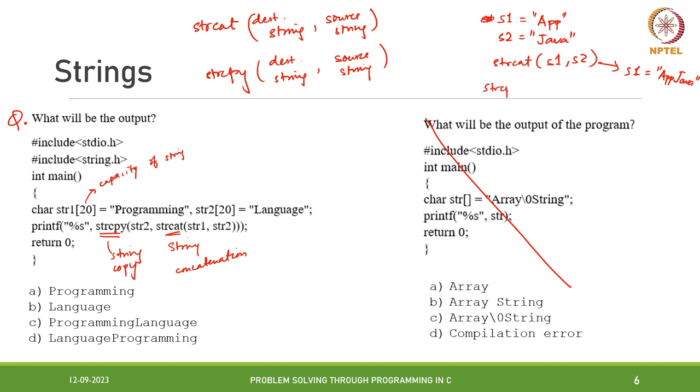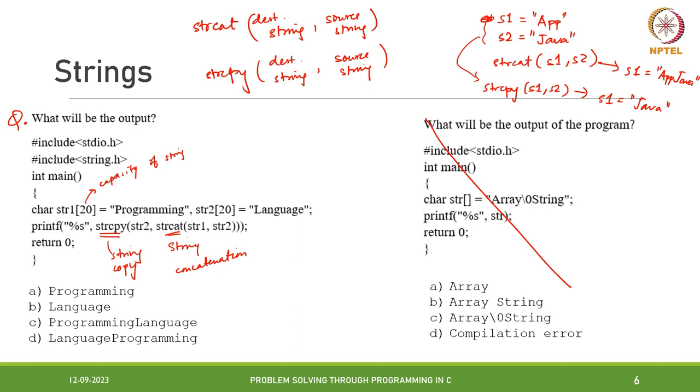Similarly, if I do strcpy s1 comma s2, so what that does with these values, if I directly do this, then what happens is the value of s2 gets copied to s1. That is why s1 is the destination string. So now s1 will also become Java. Okay.